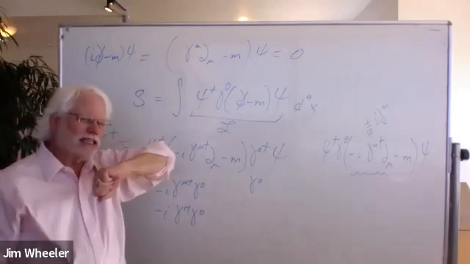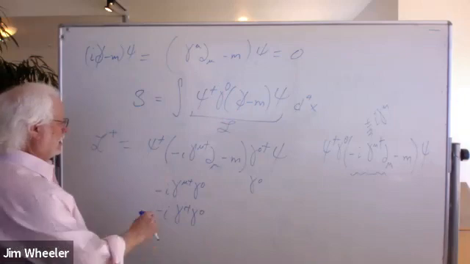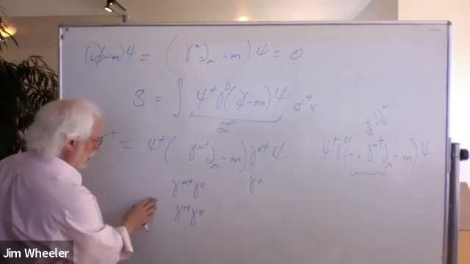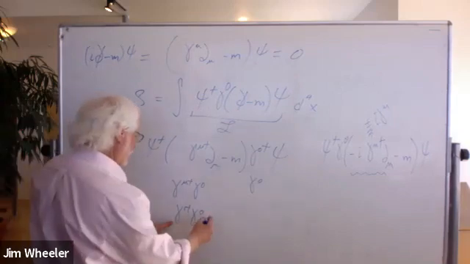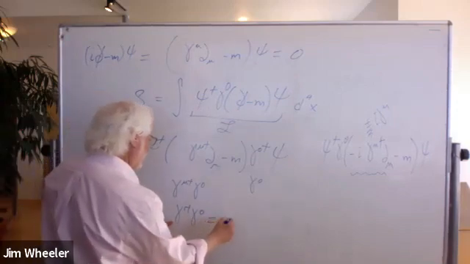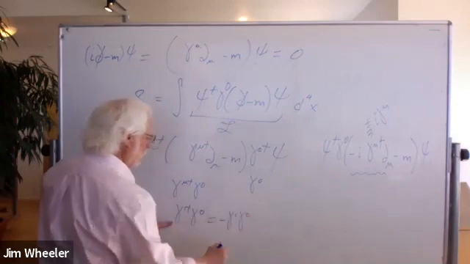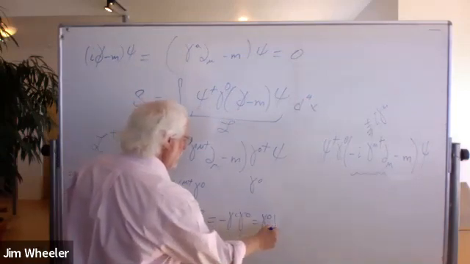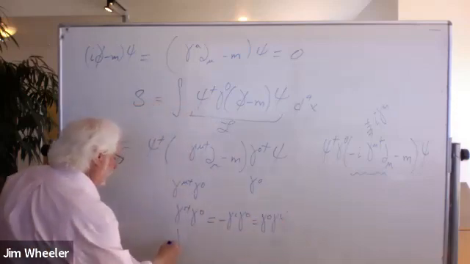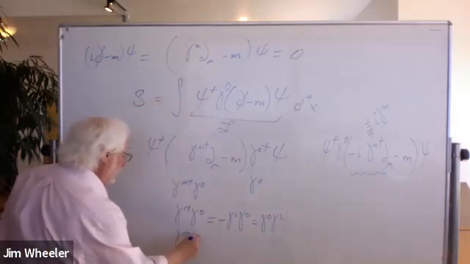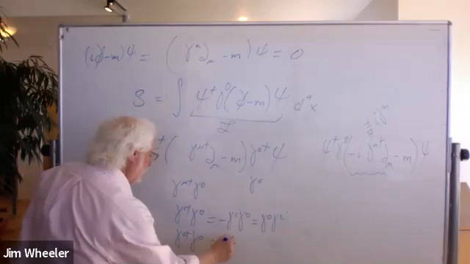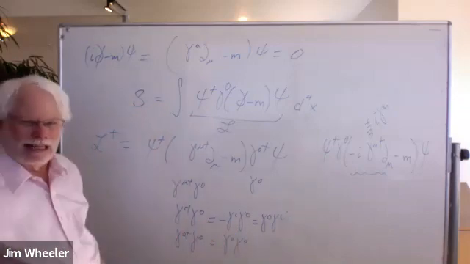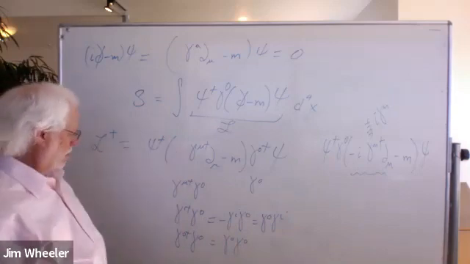It depends on your basis whether you need an i there or not. I'm worrying that we don't need an i. Let's not have an i for the moment. Then this is minus gamma i gamma 0, but those anti-commute, so this is plus gamma 0 gamma i. If we have a gamma 0 dagger gamma 0, that's gamma 0 gamma 0, and we don't have to commute anything. That puts the gamma 0 on the right.